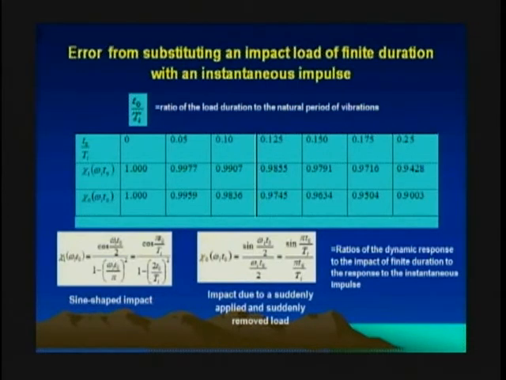That means that if the load duration is smaller than 1/8 of a period, it's absolutely acceptable to substitute the actual shock load with the instantaneous impulse. Even if the duration is as high as a quarter of a period, it's still possible.